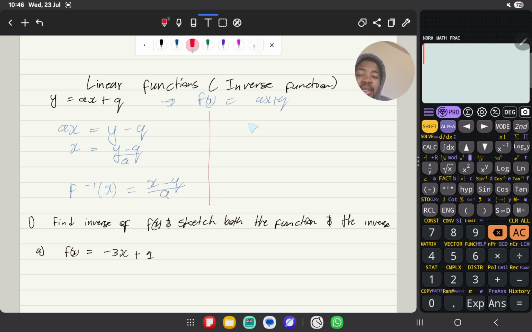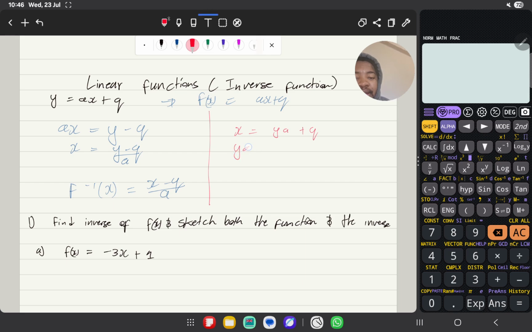Cool. So what's next? Next is the other method. Here we wrote x as the subject of the formula, but in this method the first step is you swap x and y, so you have x equals ya plus q, and then you write y as the subject of the formula as per usual.